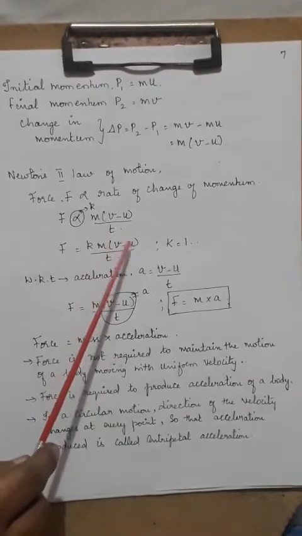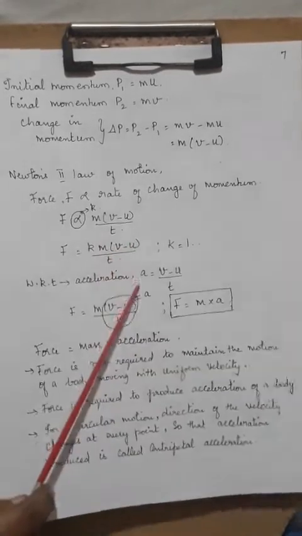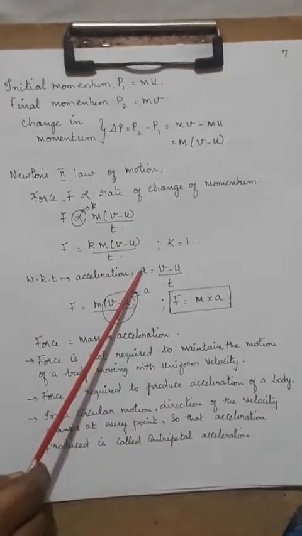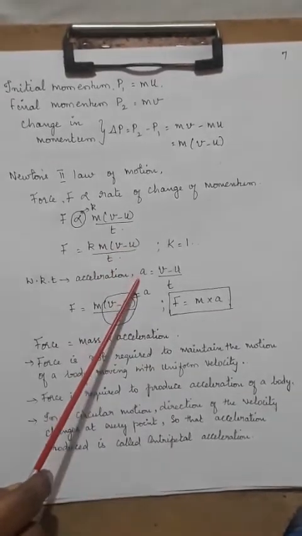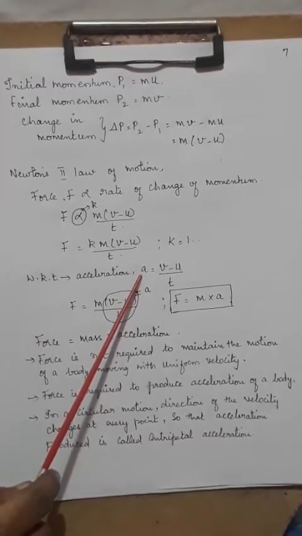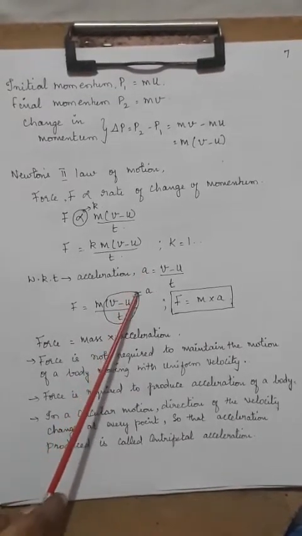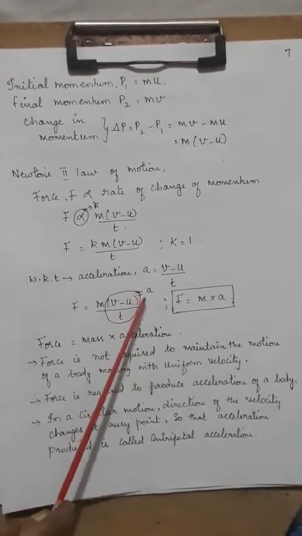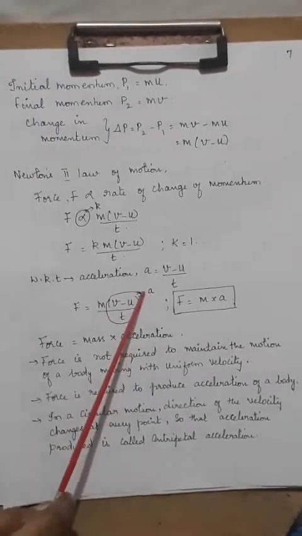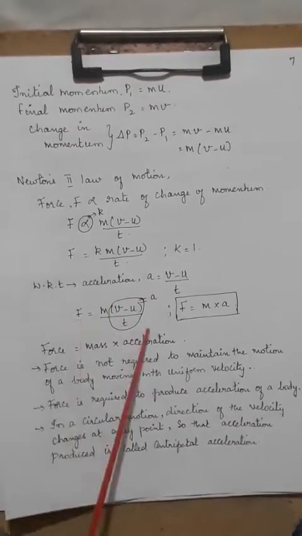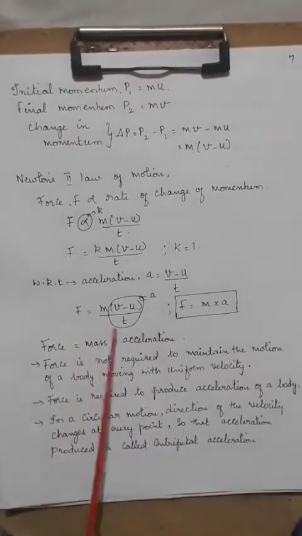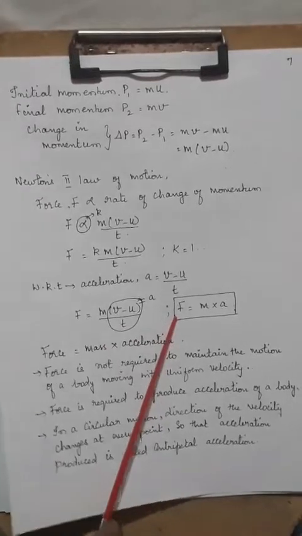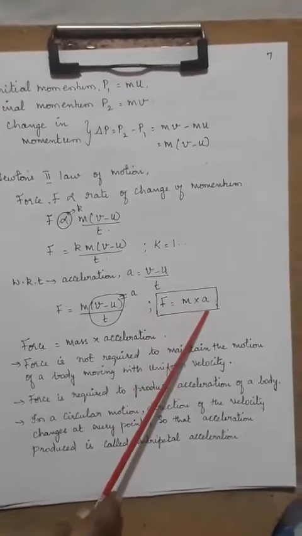Change in velocity by time gives you acceleration. Rate of change of velocity is nothing but acceleration. So what can I do now? In the place of (v minus u) by t, it can be written as a. So the whole expression now changes to F is equal to m into a.